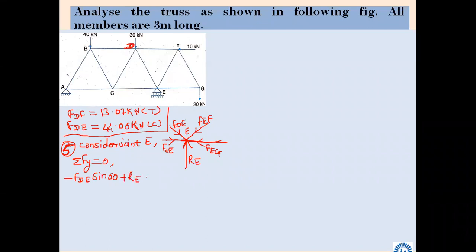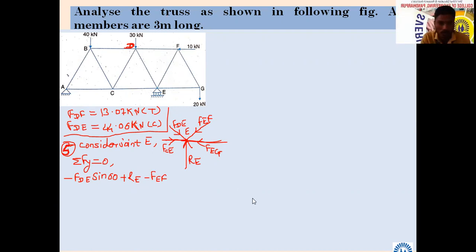What about EF? It will be minus. Minus EF sin 60 equal to 0. Which value will you get from here?